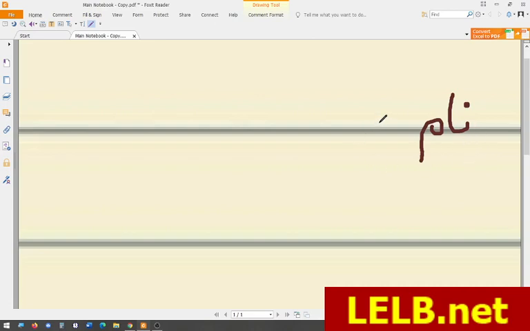So this is the ne chasban, or actually the attached ne, and this is the detached ne. Okay, غیر chasban or juda. So nun alef mim means name. Nam.